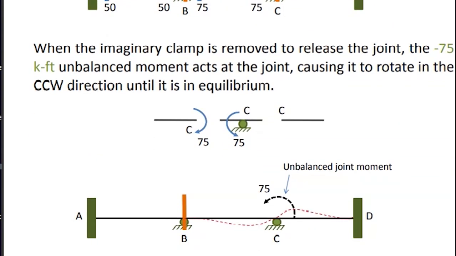Now note that at joint C, this point has no moment, while here there is a left moment. So this moment, in order to balance at equilibrium, should be balanced with its negative opposite value.